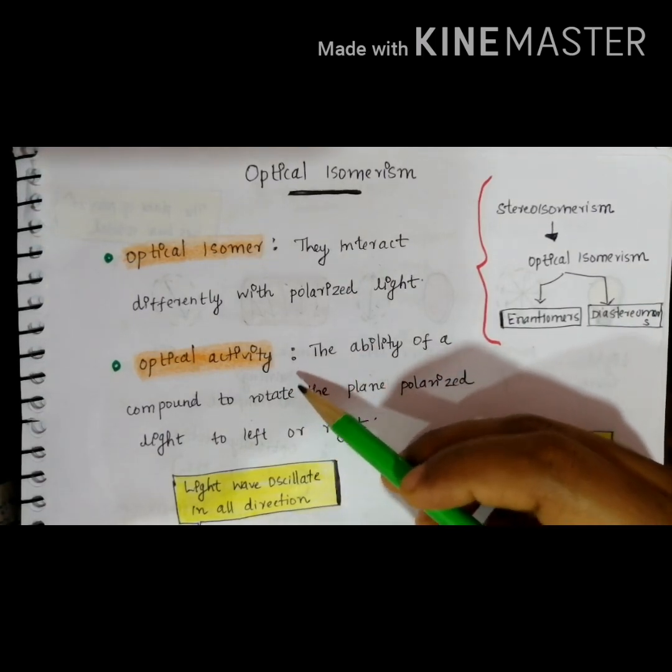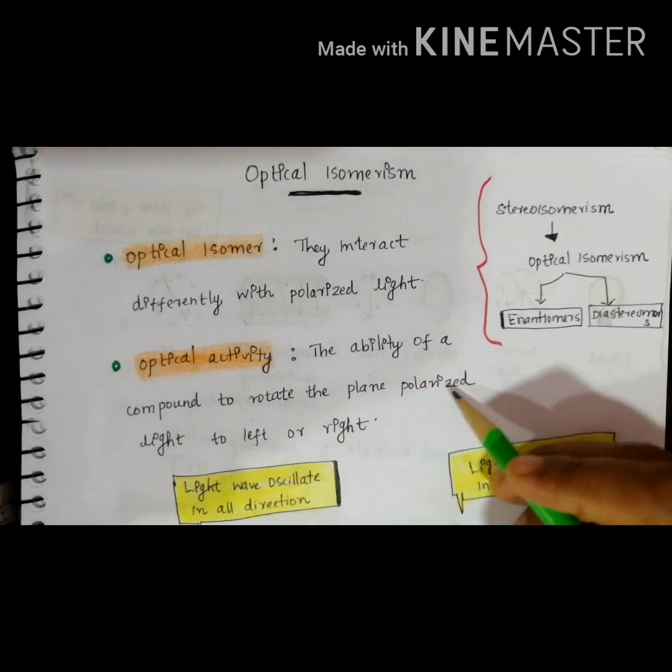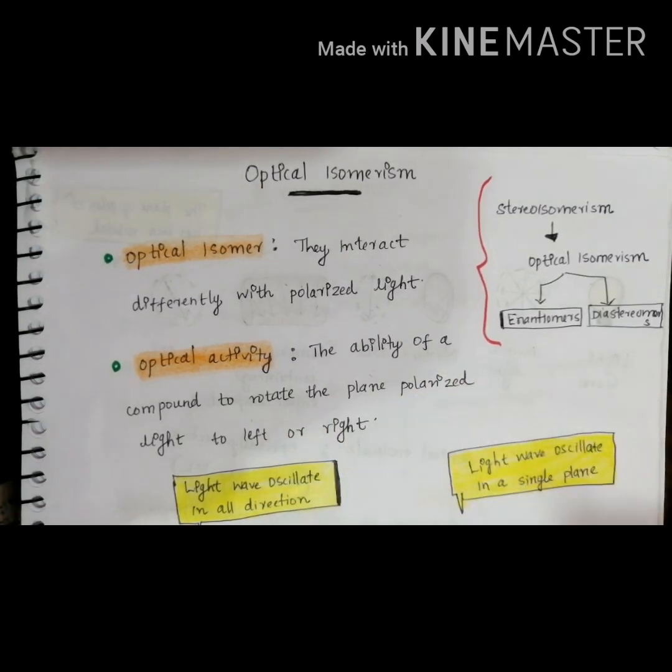Optical activity is the ability of a particular compound to rotate the plane polarized light to the left or right. There are two possibilities: rotation to the left side or the right side.